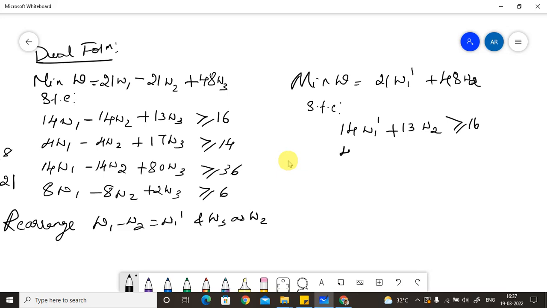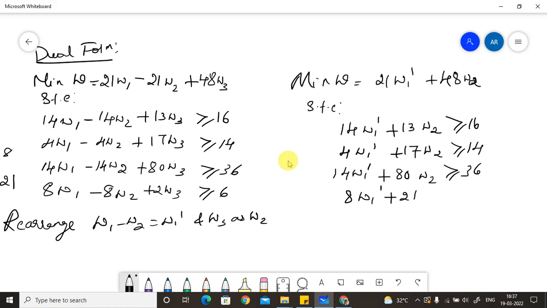Similarly 4w1 dash plus 17w2 greater than or equal to 14. Then comes 14w1 dash plus 80w2 greater than or equal to 36. Then finally 8w1 dash plus 2w2.